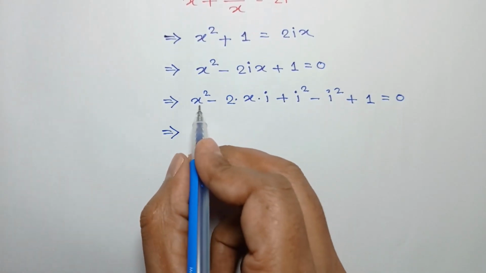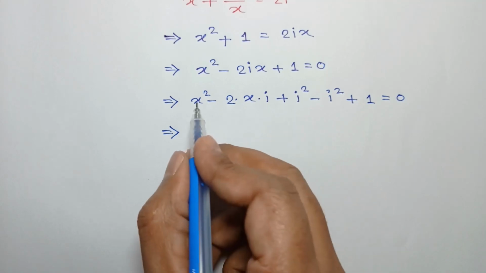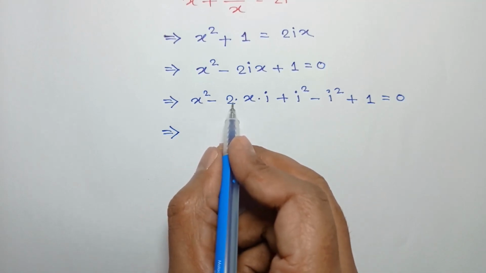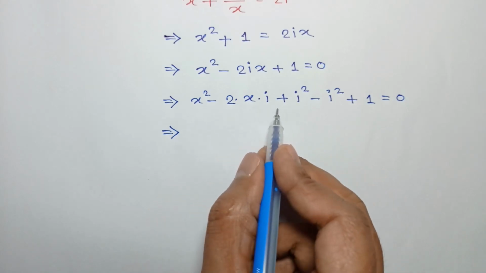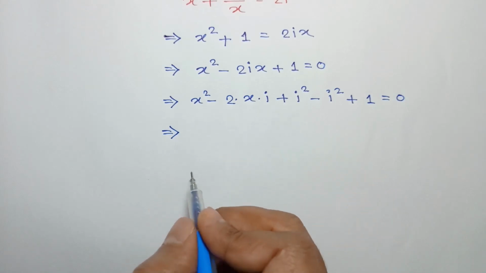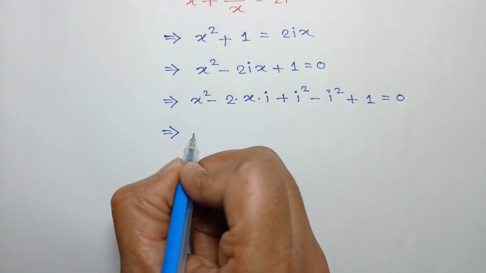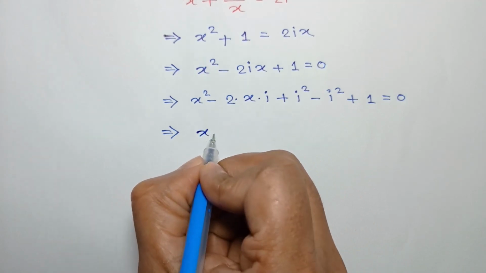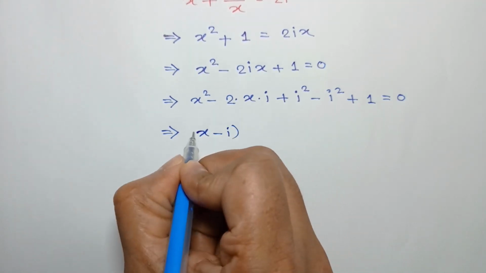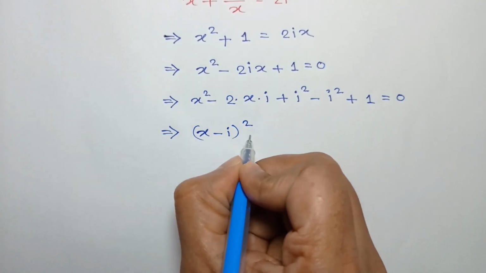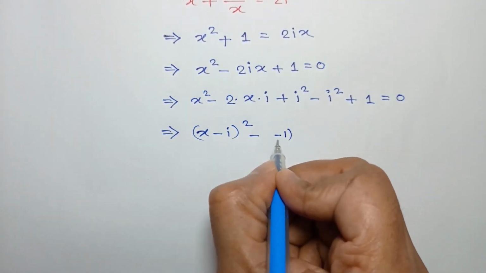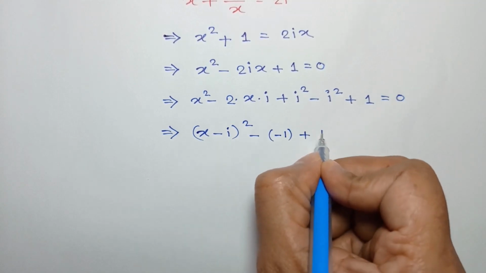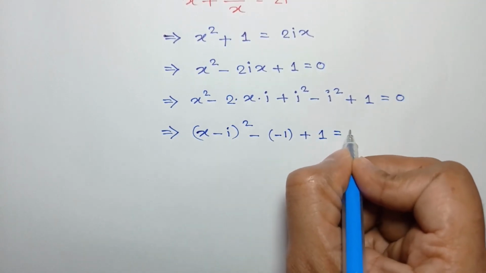This is as a formula of a square minus twice ab plus b square is equal to a minus b whole square. Writing this formula here, we can write x minus i whole square minus i square, which is negative 1, so negative 1 plus 1 is equal to 0.